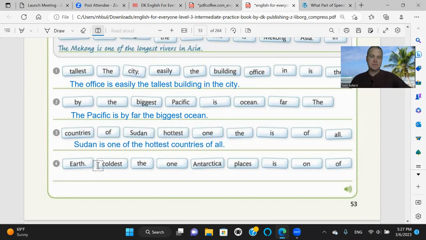Sudan is uno de los hottest countries of all, países más calurosos del mundo, de todos. Ok, Sudán es uno de los países más calurosos de todos. Sudan is one of the hottest countries of all.